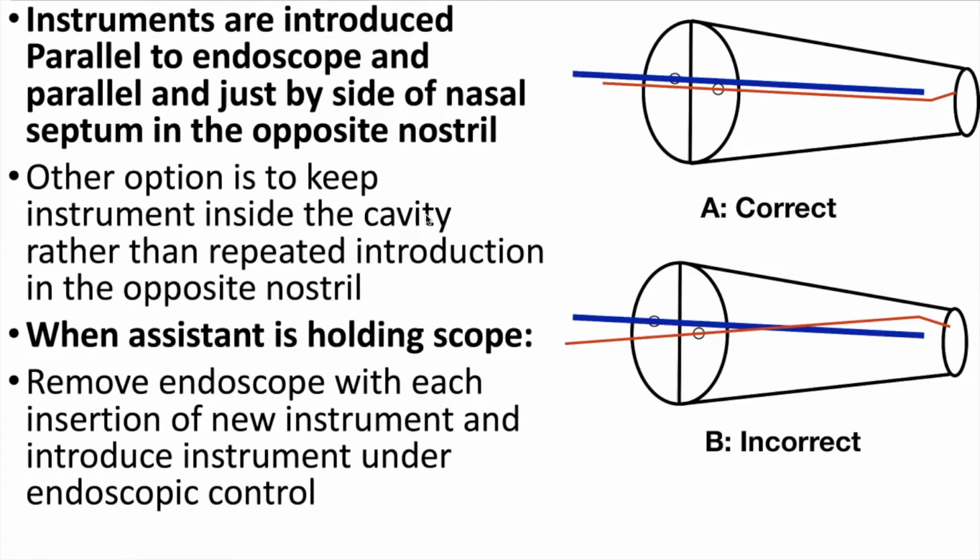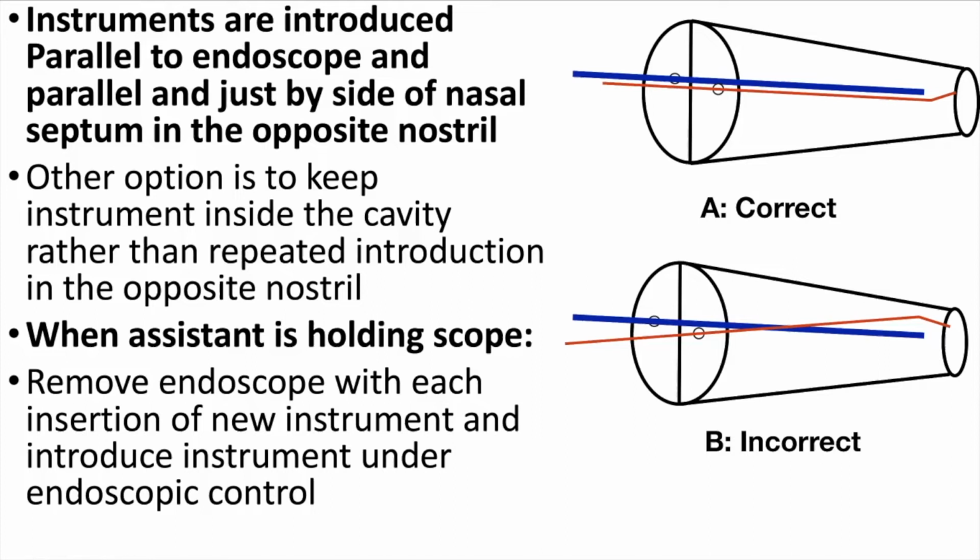The other trick is for the instruments which are passed through the opposite side of the nostril, meaning the opposite side from the endoscope. You keep that instrument in the cavity itself. Do not take it out too frequently.